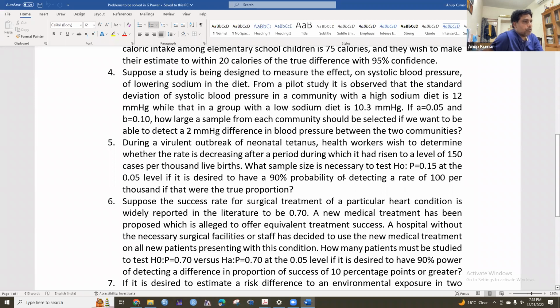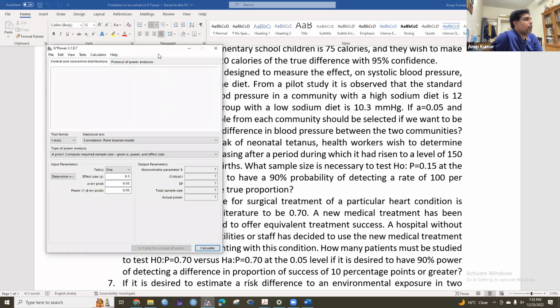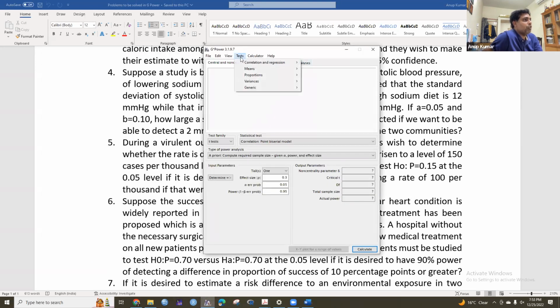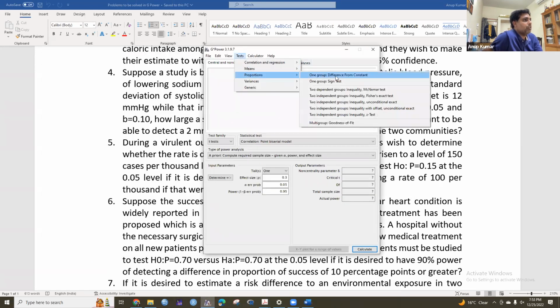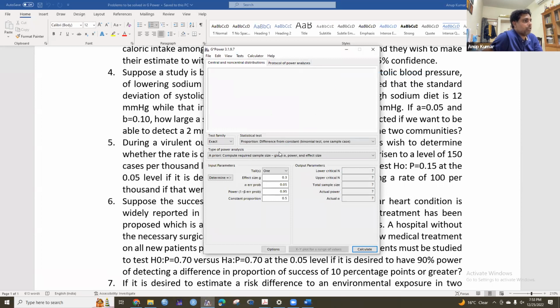So 0.15 से 0.10 हो गया. So we are in the process of testing this proportion. Okay. So instead of mean, now we'll be testing the proportion. So go to test, then proportion, one group difference from constant.